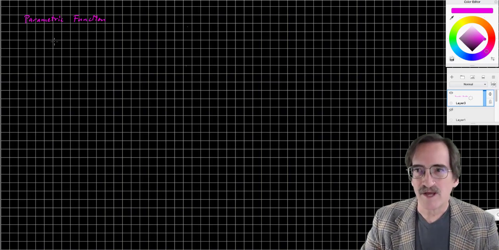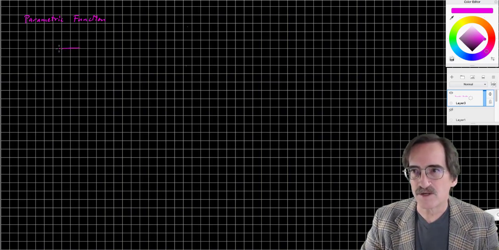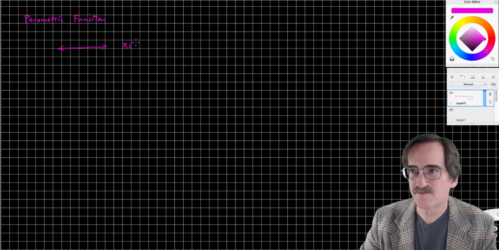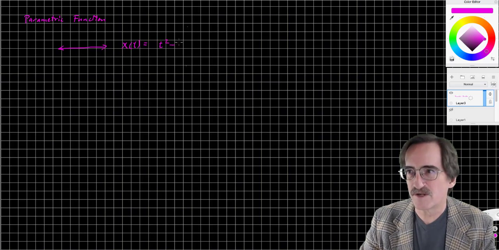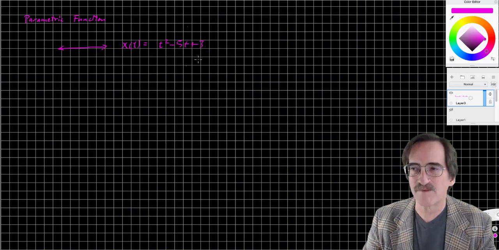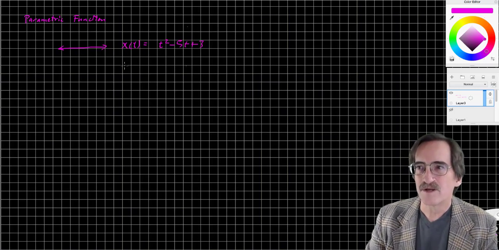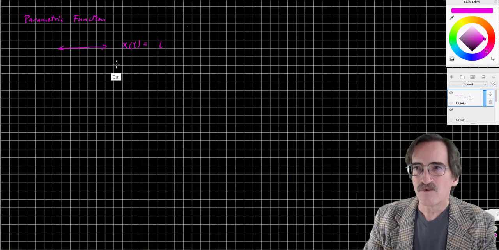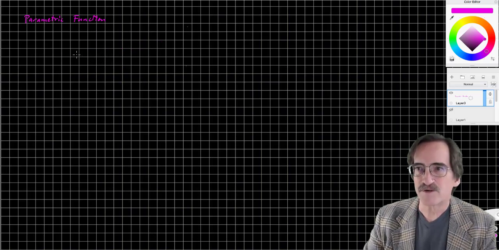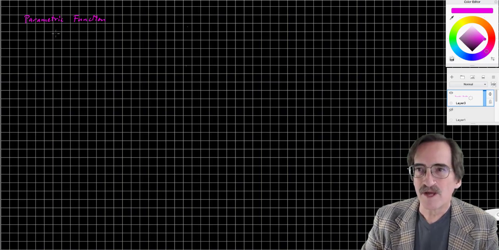So we might have motion along a straight line following the formula x of t equals, say, t squared minus 5t plus 3, and we talk about when does it turn around, when does it come back, when does it go forward, and all of those sorts of things.